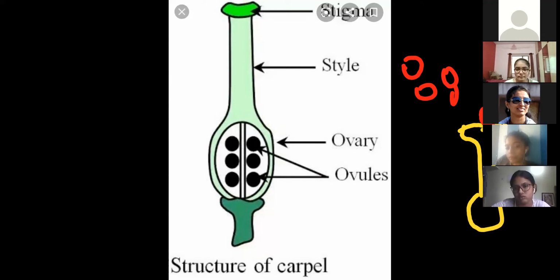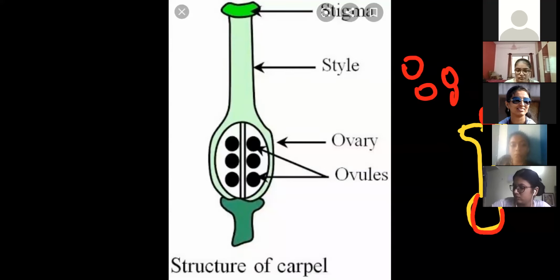So stigma decides whether this pollen should grow or not, meaning whether this pollen should form a pollen tube or not. That thing is decided by this stigma. So that's why we call stigma has receptivity. Remember, stigma decides whether this pollen will develop the pollen tube or not. Right? How? That we will study in 12th standard. Just now remember this much is enough. Right?